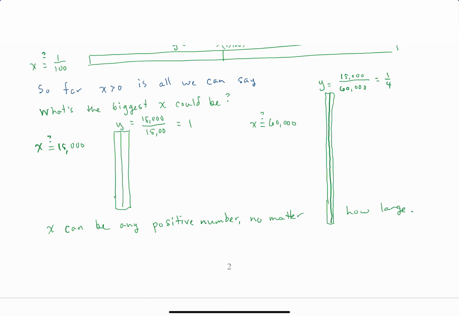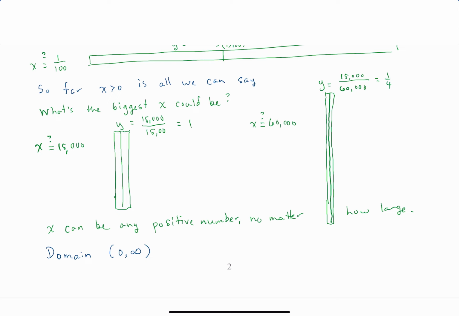So our domain then is 0 to infinity, not including 0. Again, in real life, this wouldn't make sense, but we don't know what the limitations are in real life, so we have to go with what can be done with rectangles mathematically.